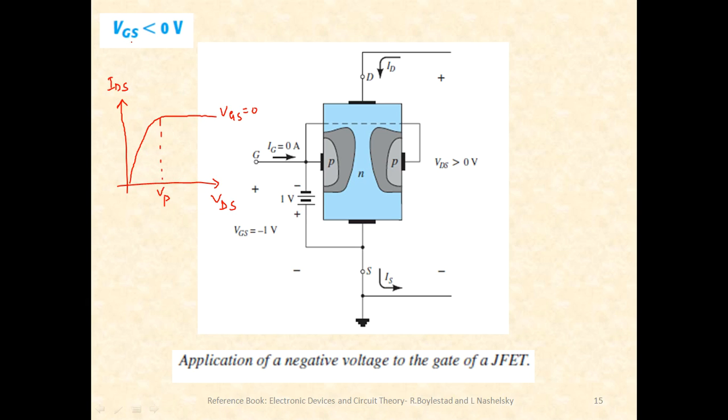Now if I reduce VGS to lesser than 0, for example let us assume VGS is minus 1 volt, where should I represent the current now? Will the current be higher or lesser when compared to the situation when VGS was 0?